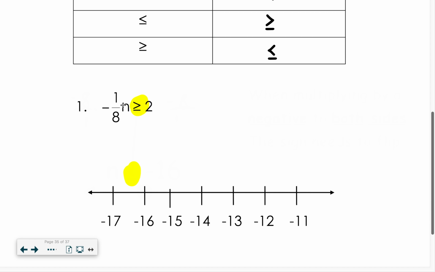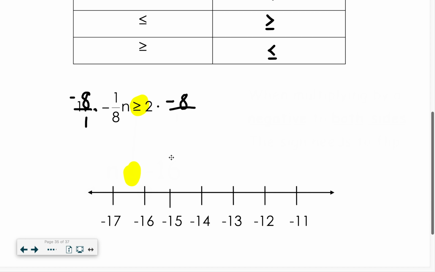But I'm going to solve it like I would any normal problem, which you would tell me that you need to multiply both sides by negative 8. When I multiply both sides by negative 8, I'm going to get n on one side, and on the other side, I'm going to get negative 16.